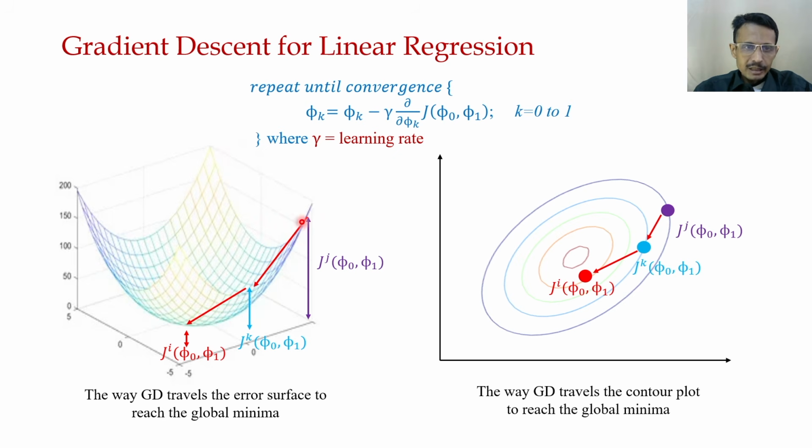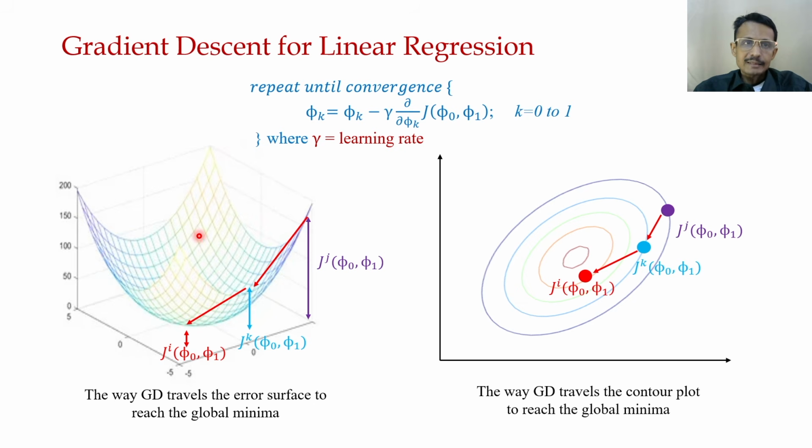Because that is the meaning: if we can reach the lowest position, the minimum of this error surface, that means error is minimized. And if error is minimized, we get the line which produces the least number of errors. So that's why we get the line which best represents our data points, and that is our goal.